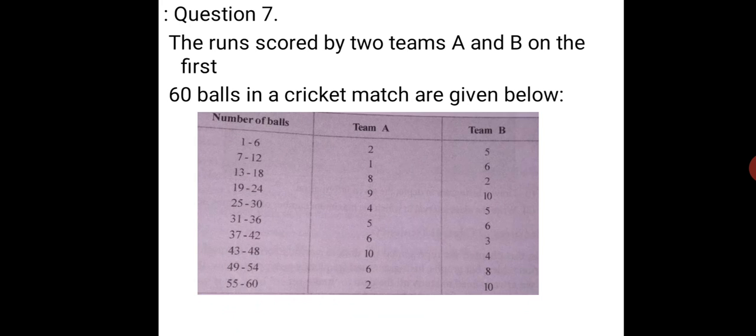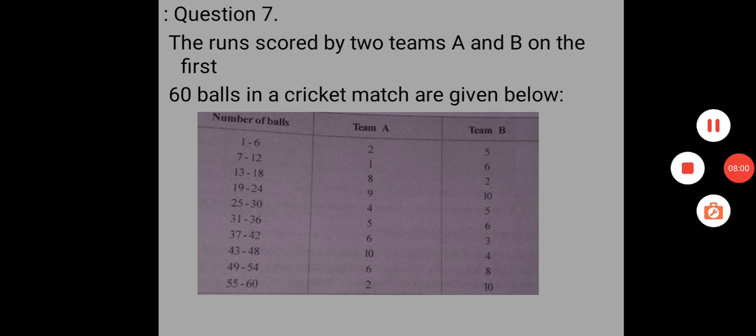For the next 7 to 12 balls, it is 1 run for team A and 6 runs for team B. Like that till 60 balls, the runs taken by each team are given, and we have to show them in one graph, two different polygons on one graph paper.